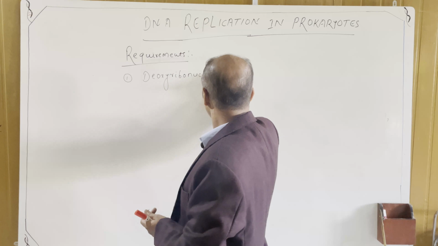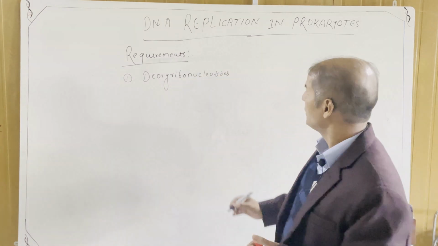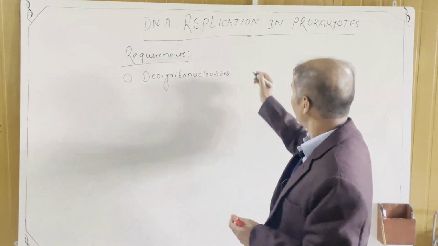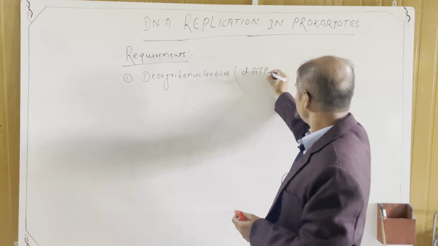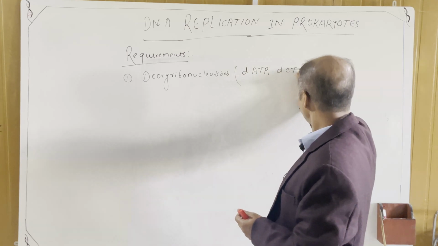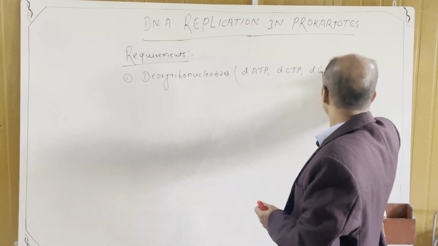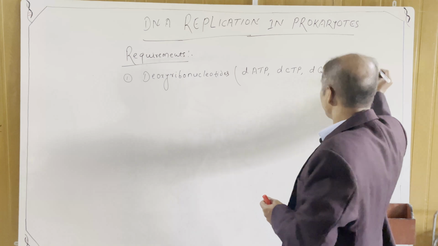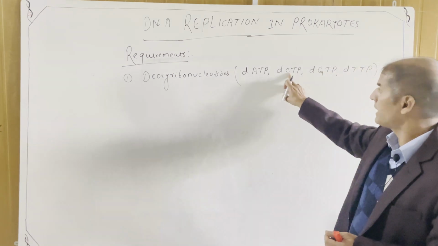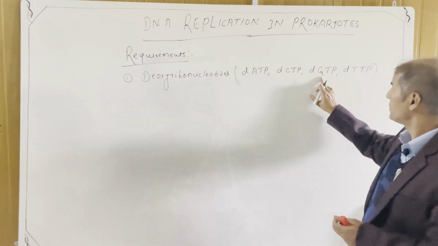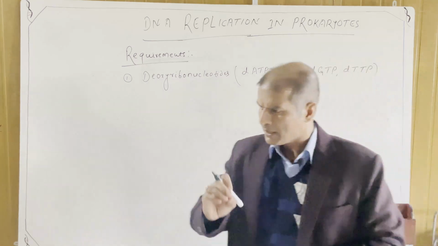We know that 4 different types of deoxyribonucleotides are needed for the formation of daughter DNA, and they are dATP, dCTP, dGTP and dTTP. That is deoxyadenosine triphosphate, deoxycytidine triphosphate, deoxyguanosine triphosphate and deoxythymidine triphosphate.